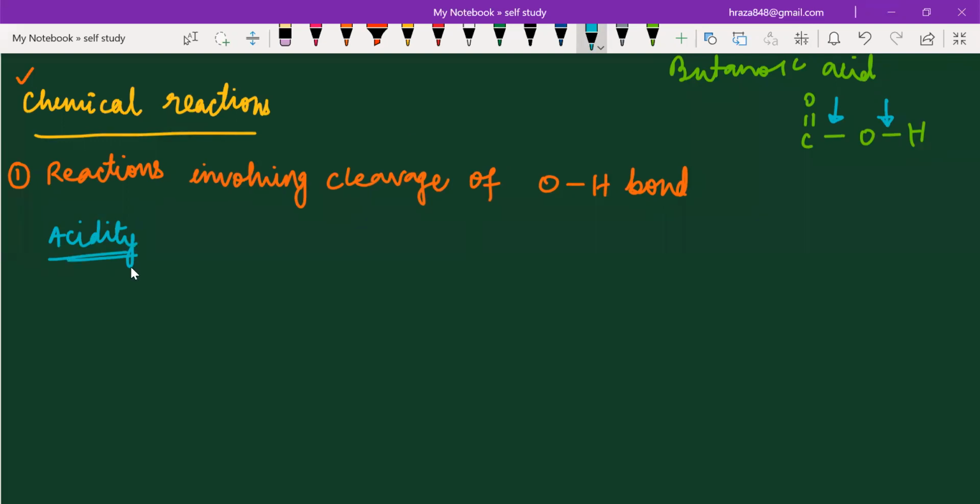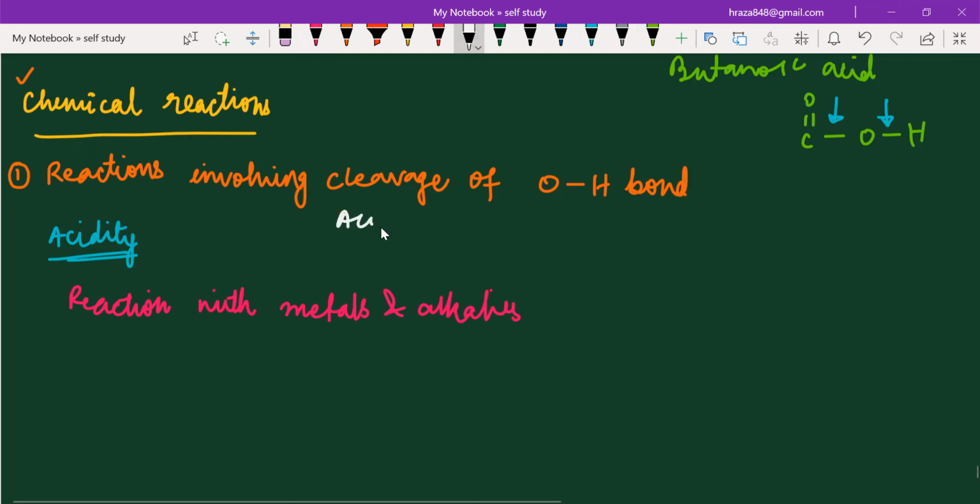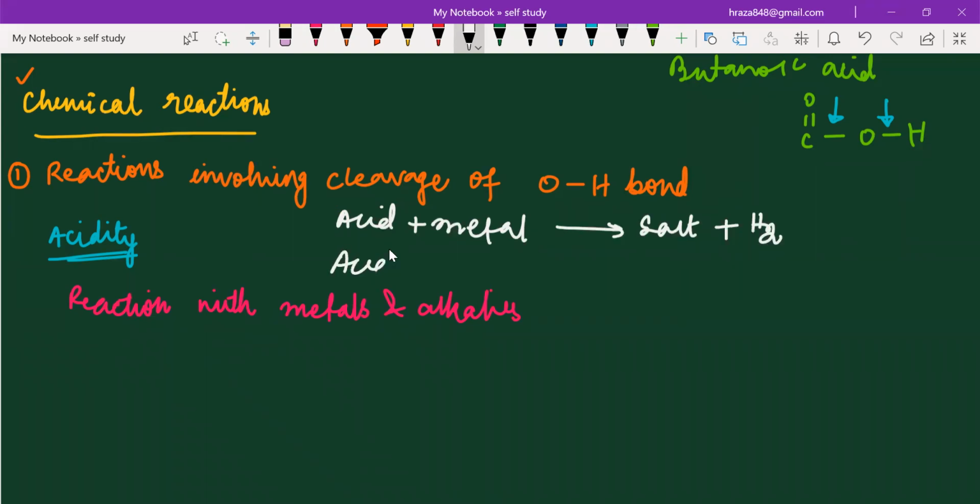As you know, when acid reacts with metal, salt and hydrogen gas form. So here, reaction with metals and alkalis, that stands for base. You already know that acid plus metal will give you salt plus hydrogen, and acid plus base, that is alkali, will give you salt plus water.